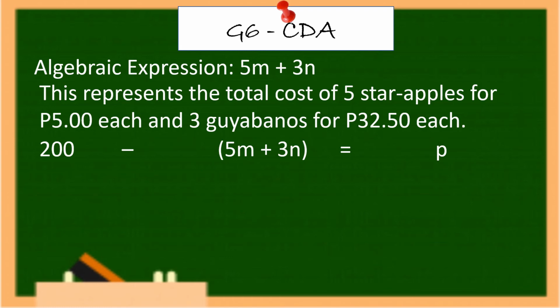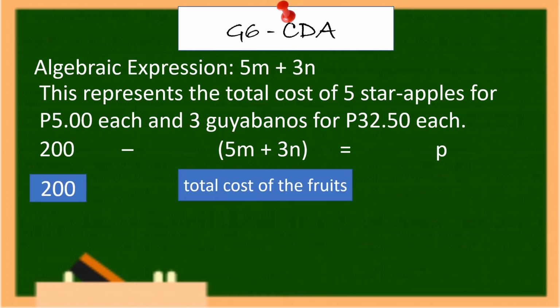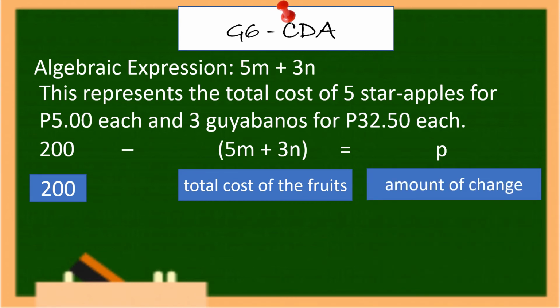200 pesos minus open parenthesis 5M plus 3N close parenthesis is equal to P. It represents 200 pesos, and 5M plus 3N are the total cost of the fruits, and letter P is the amount of change.